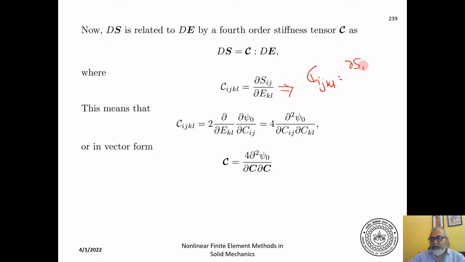Cijkl is going to translate to this, and then Sij, remember, is 2 times del psi naught del Cij.